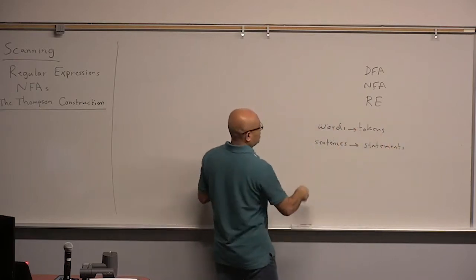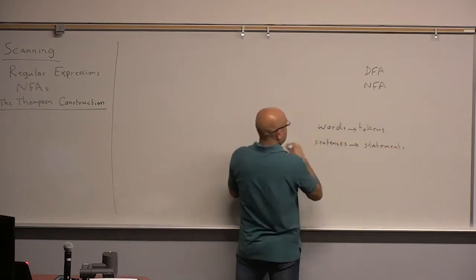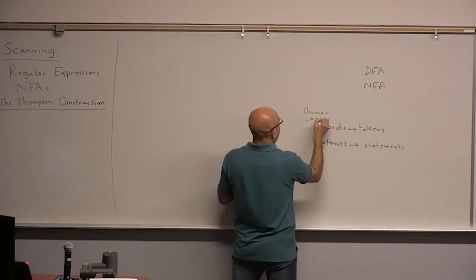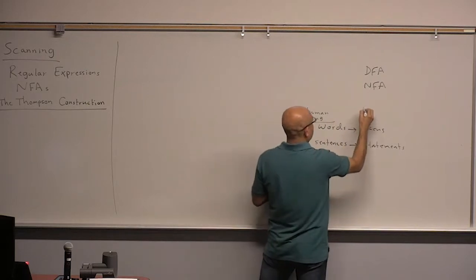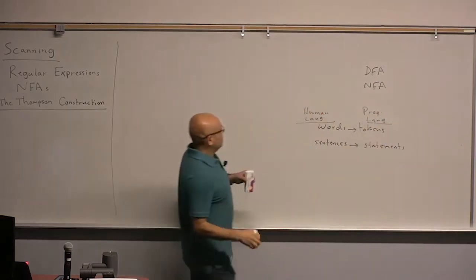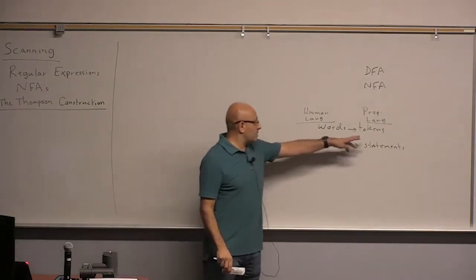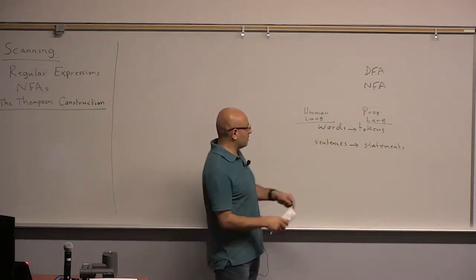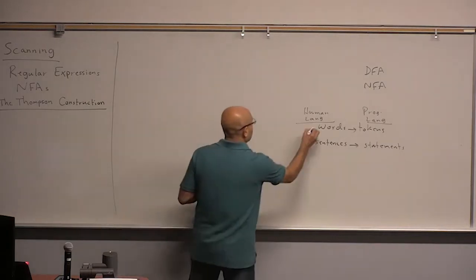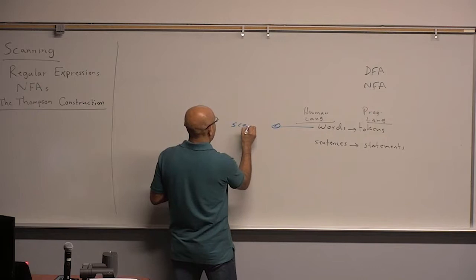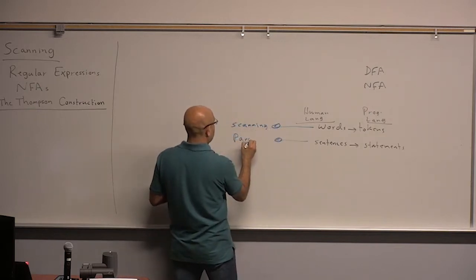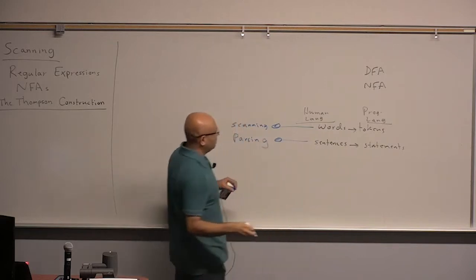This is the human language, and this is the programming language. So words correspond to tokens, and sentences correspond to statements, and recognizing words is scanning, while recognizing sentences is parsing, which is the part that we haven't gotten to yet.